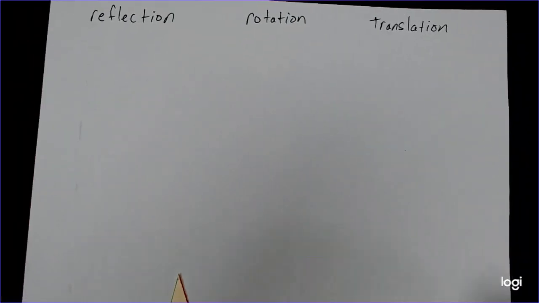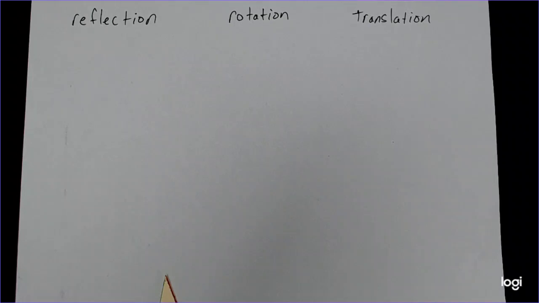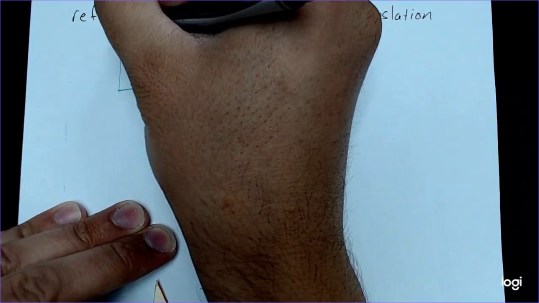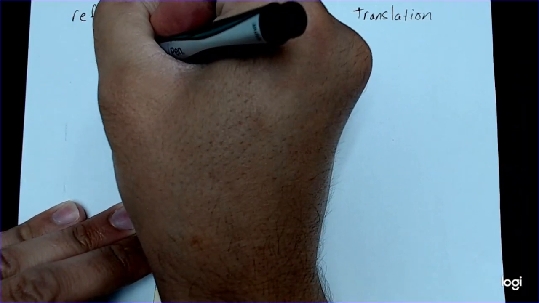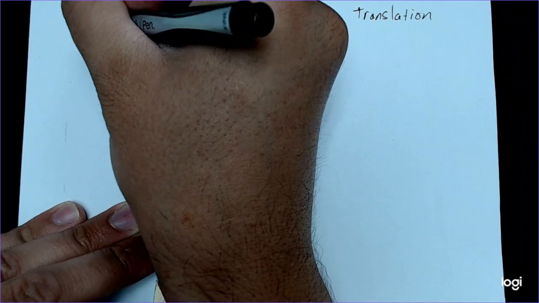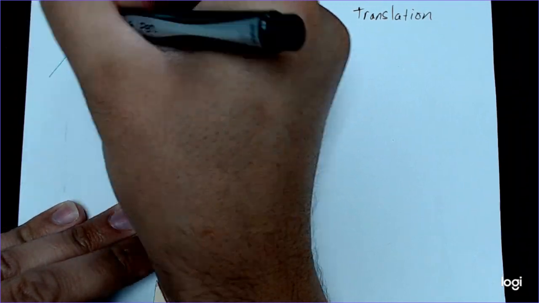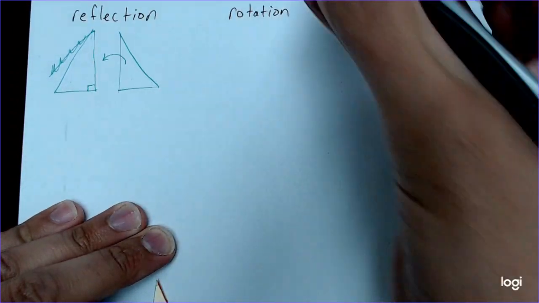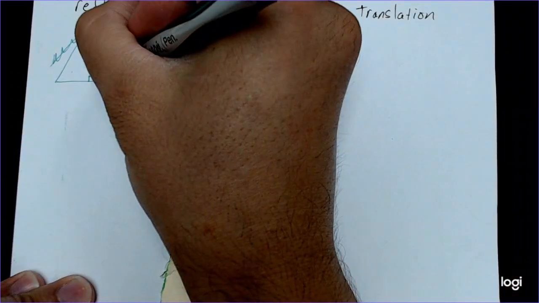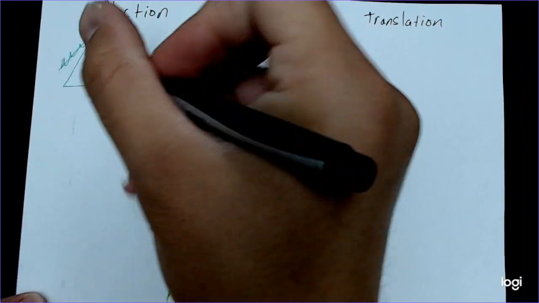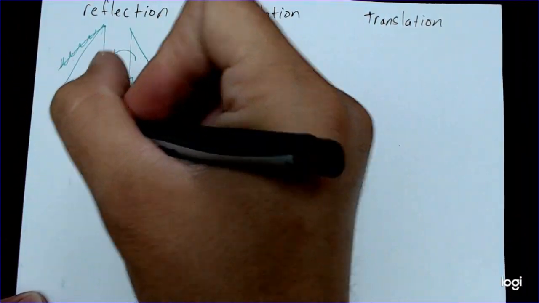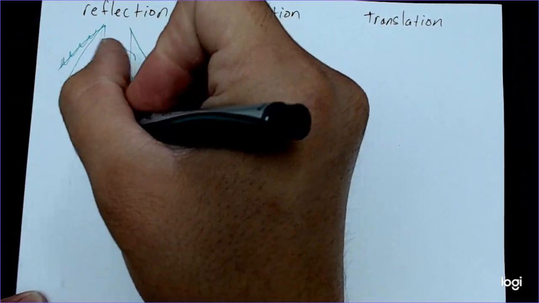If we wanted to see reflection, what that would look like is the triangle being flipped along one of the sides. So kind of like what we just saw there. Now we could also do this along the short side.